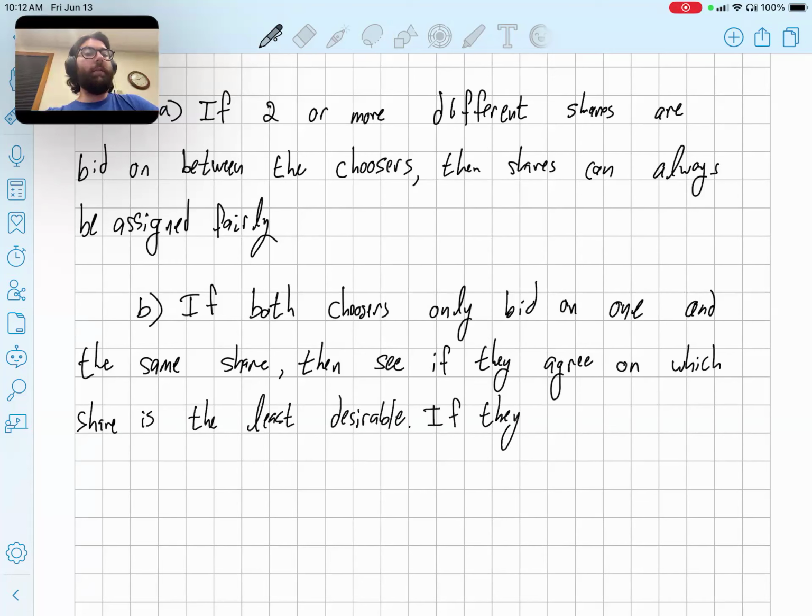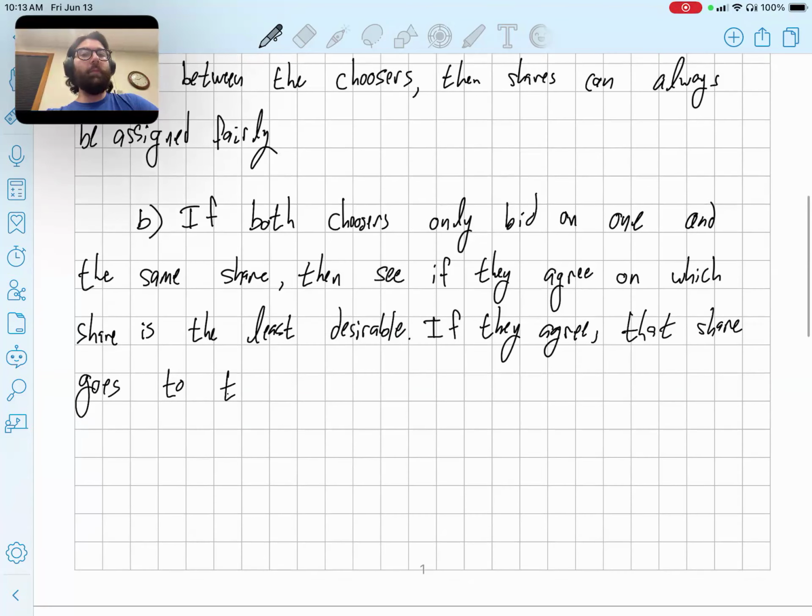If they do agree, then that share goes to the divider.